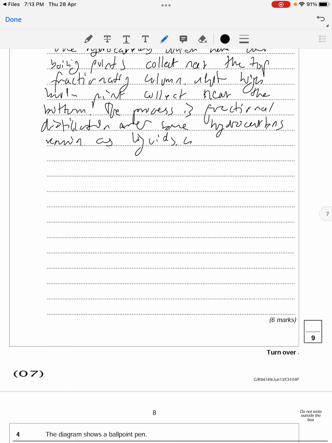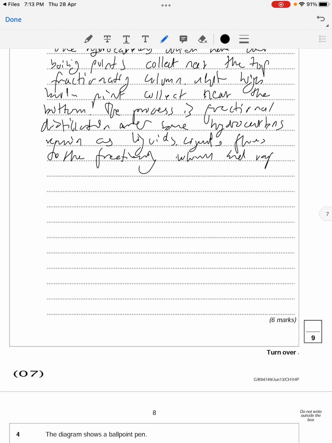The liquids flow to the bottom of the fractionating column, and vapors and gases start to rise. Vapors or gases rise in this column.